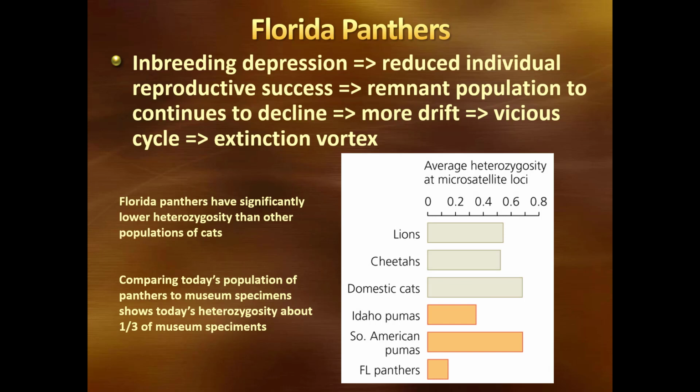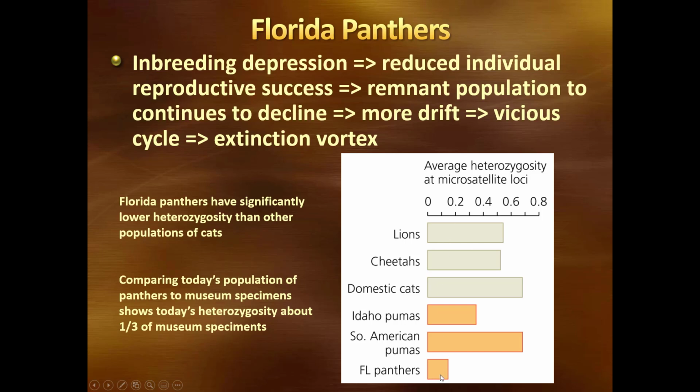These are some data showing inbreeding depression for different cats. We see the Florida panthers, and we also see some other cats for comparison. When we compare lions, cheetahs, pumas, and some of the other cats, we see that the Florida panther has one of the lowest amounts of heterozygosity in these populations.